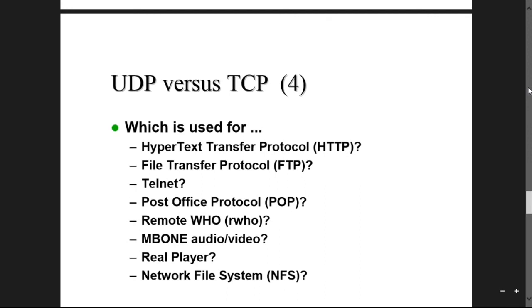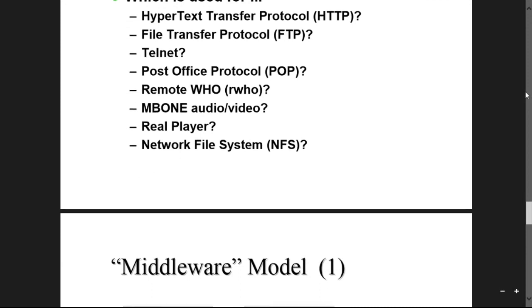When you are transferring any file, it must follow some particular application protocol. It may be HTTP, FTP, telnet, post office service, RWHO (remote who), MBone, audio video real player, network file system NFS. There can be anything.